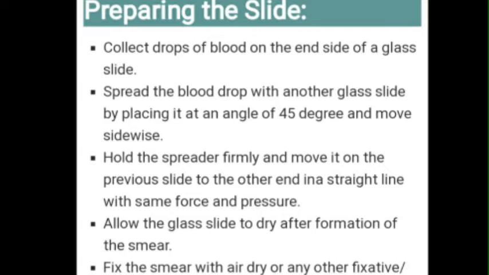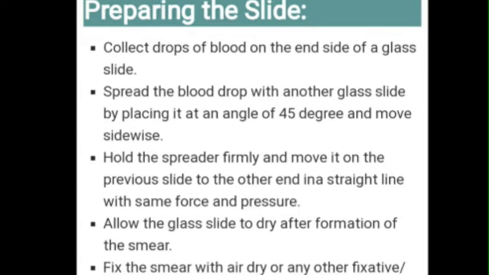Hold the spreader firmly and move it along the previous slide to the other end in a straight line with the same force and pressure. Allow the glass slide to dry after formation of the blood smear and then go for staining.